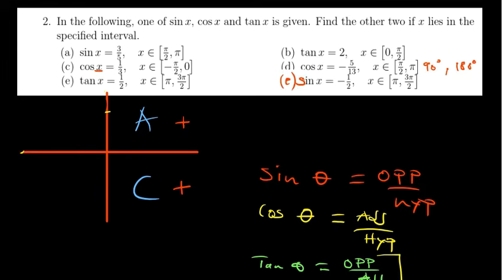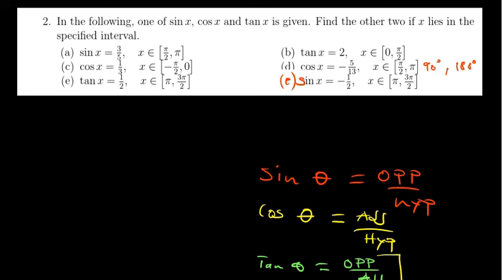And so if we're in the second quadrant, what that tells us is the triangle will be in the second quadrant. So it will be like this.